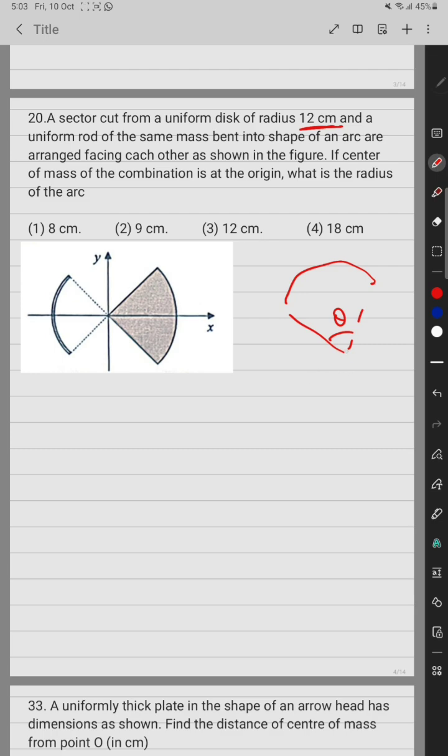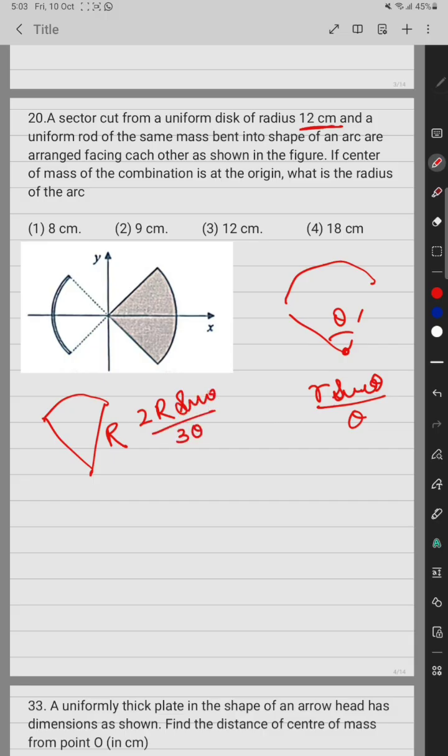Then the position of the center of mass from this point is r sin theta divided by theta. And for the sector of the disc, similarly, if the radius is a capital R, then it is 2R sin theta divided by 3 theta. That is the position of the center of mass from this point.